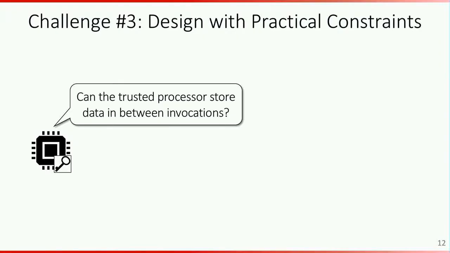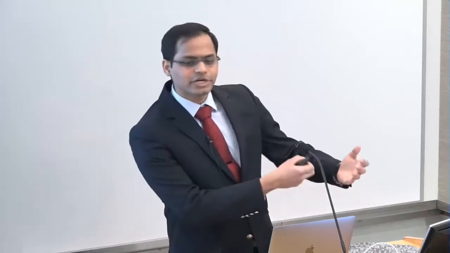And finally, I would argue whenever you want to design a system, you would want to design it with some practical constraints in mind. For example, if I'm trying to use a secure processor, I should know exactly what properties such a secure processor provides. And that is useful both for security and efficiency. For instance, one question that you may ask is, can the trusted processor store state in between invocations? Let us try to ask this question to Intel SGX.